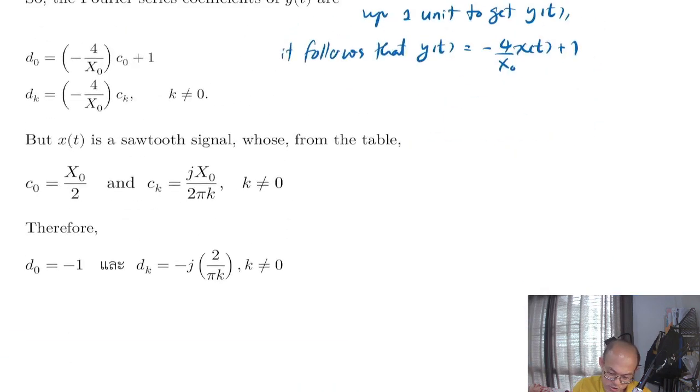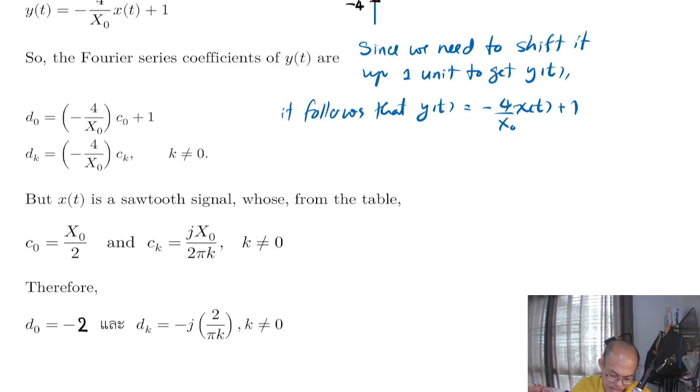This is not correct. It should be minus 2. And plug in this guy to here. I've got this one. This is correct. Okay, so this is the Fourier series coefficient of y. That's it.